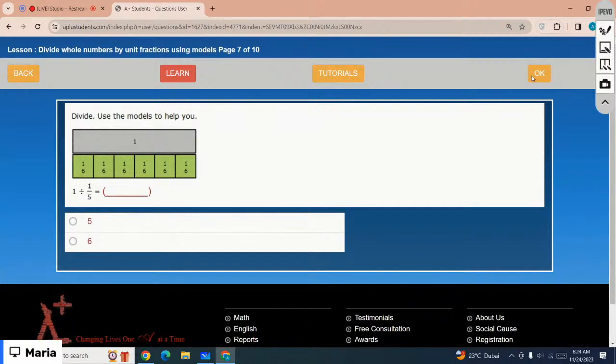Use the model to help you. 1 divided by 1 sixth, which is the correct option here? You can see 1, 2, 3. It is 1 divided by 1 sixth, not by 1 fifth.